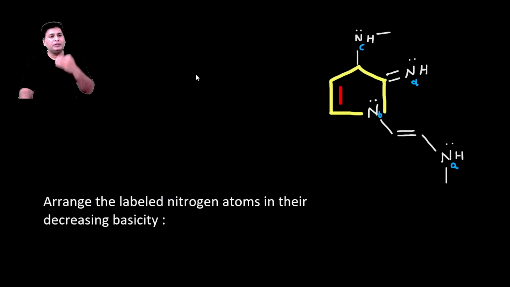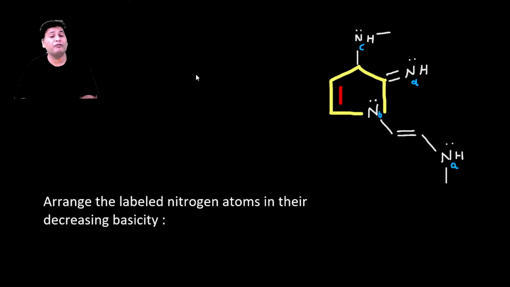Now, the order of basicity, the tendency of being a base, depends on the availability of electrons with which the nitrogen can give electrons to a proton. Higher the availability, more will be the basicity of that nitrogen. That is a point which is very important in most of the questions we come across.